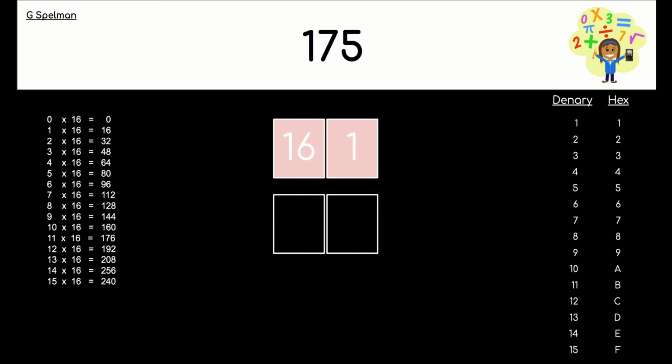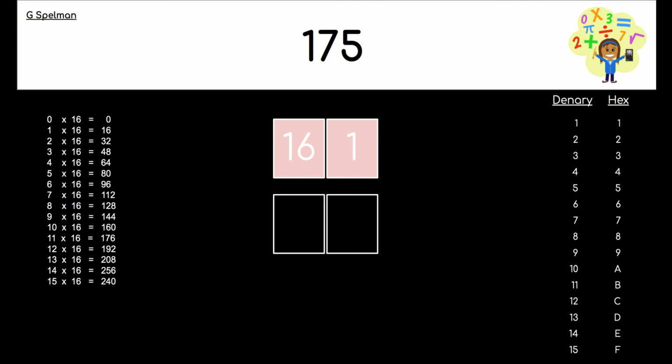So let's try another one. So 175 this time. So looking over here, how many times will 16 go fully into 175? And I can see that it will go 10 times fully.